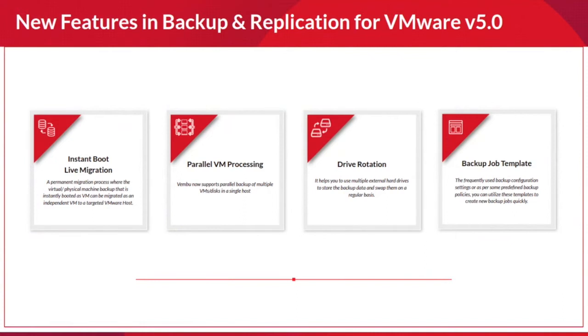The first one is instant boot live migration. Vembu has an option called instant boot VM. If you back up a virtual machine and something goes wrong with the source VM, you can instantly boot the backup data using instant boot VM, which has been available since our 3.x itself. We are now enhancing that feature.